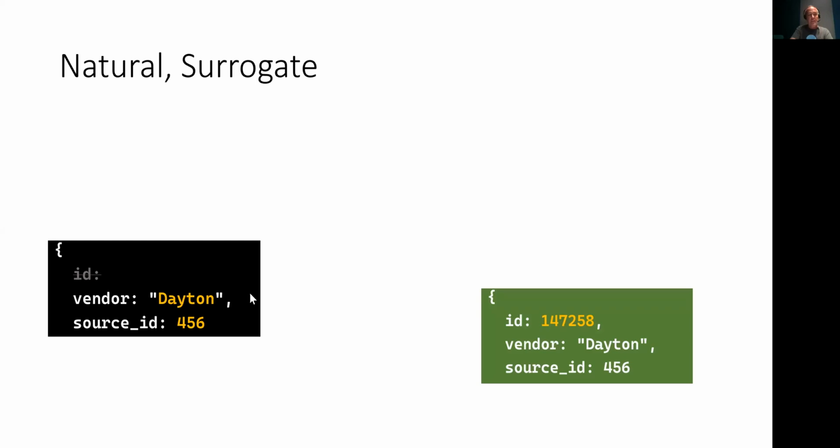A surrogate key would be if I took those two fields, just shoved them into something in the destination, but added this ID field 147258. 147258 has no bearing whatsoever on the data contained in the record. So that's why it's called surrogate. It's been slapped in. It has no meaning within that domain of that entity.